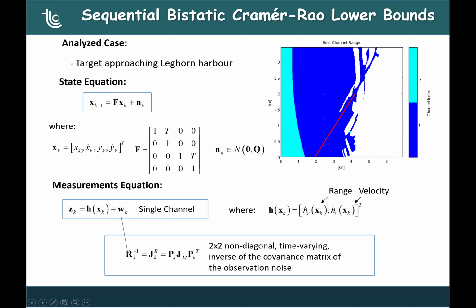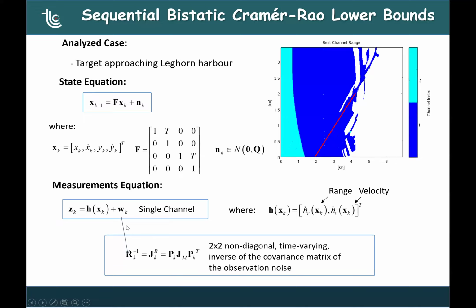The target is characterized by position and velocity in the directions x and y. And this is the noise, which is Gaussian with zero mean value and covariance matrix Q. The measurement, in this case, is actually not linear because the radar measures the range and the angle. And then we have a non-linear measurement function of the vector x plus the observation error.